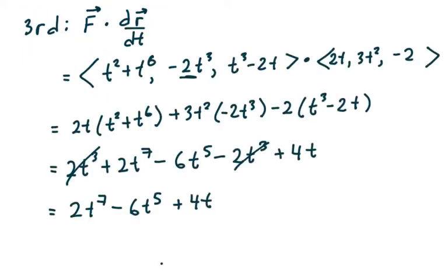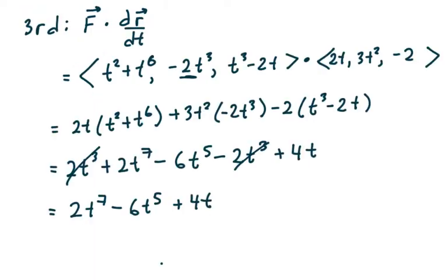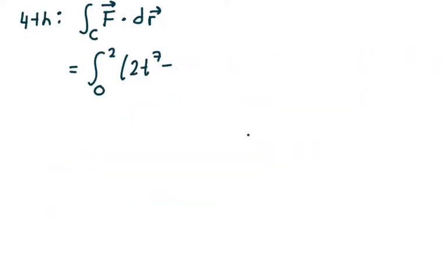Now I'm ready. So after all that work, I can now do my integral. So I get the integral over c of f dot dr. And so that's the integral from 0 to 2 of 2t to the 7th minus 6t to the 5th plus 4t dt.